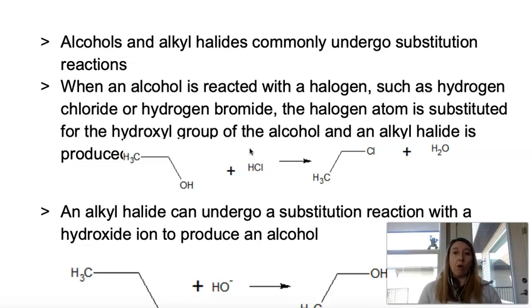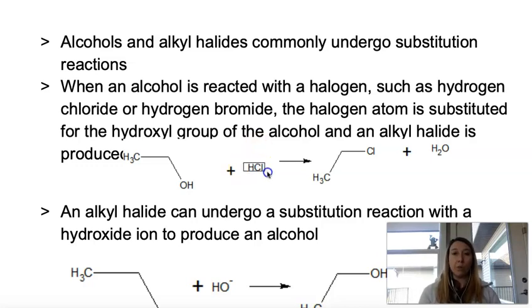They're also pretty common to undergo a substitution reaction. So what you find is that when an alcohol is reacted with a halogen, whether it's something like HCl or like Cl2, it's going to be able to undergo substitution, okay? Where the halogen is going to get swapped for that hydroxyl group.